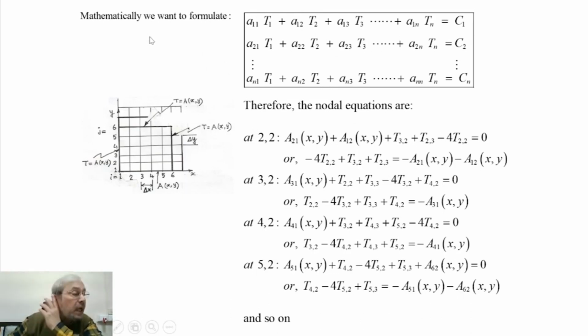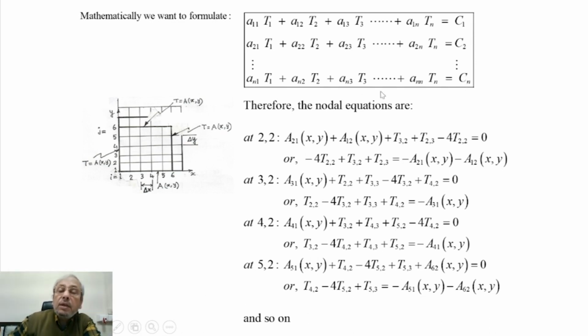Mathematically, we are trying to write equations in this form: a11 T1 plus a12 T2 plus a13 T3 plus a1n Tn, and all the simultaneous equations in this format, so that the right hand side quantities are known.